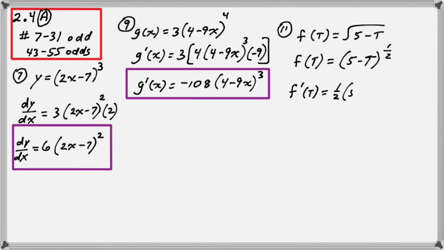Power times base to the 1 less power times the derivative of the base. The derivative of the base is negative 1, or 0 minus 1. So what do we have? We have a 1 over a 2, but I think it's negative, right? And this means the square root on the bottom.